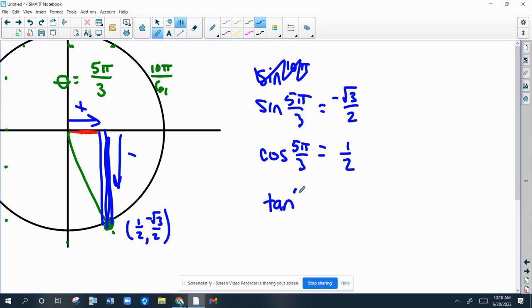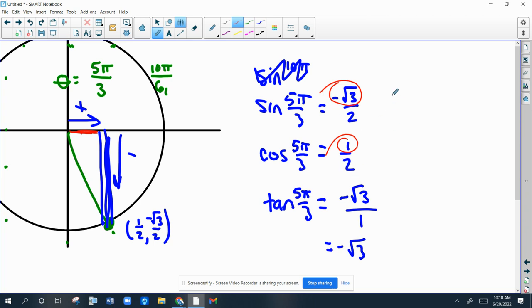If you divide these numbers, their denominators will just cancel. So negative root 3 over 2 divided by 1/2 is negative root 3 over 1. Basically, it's just their numerators, or just negative root 3, obviously. So that's easy. Basically, we take this over this. That's what tangent is.